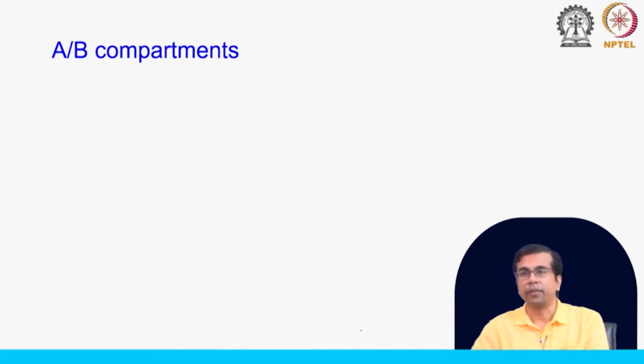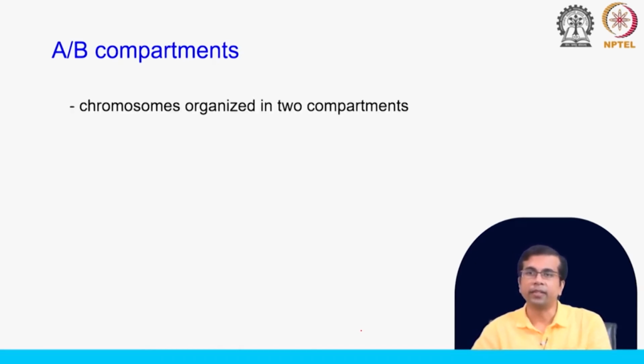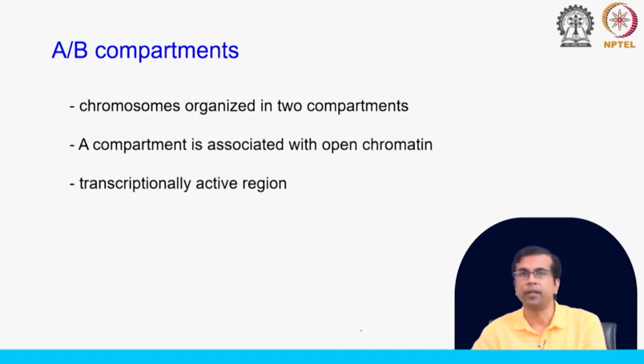The next term is AB compartments. What researchers have seen is that chromosomes are organized in two compartments, one is called A compartment, the other is called B compartment. A compartment is associated with open chromatin and this is a transcriptionally active region.